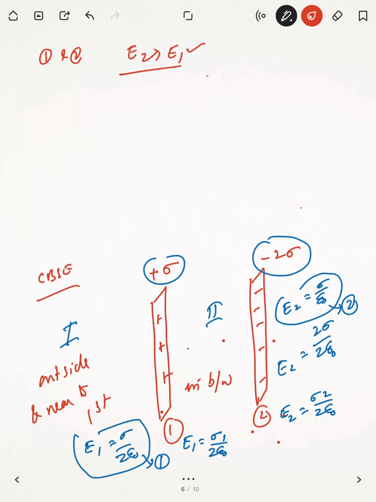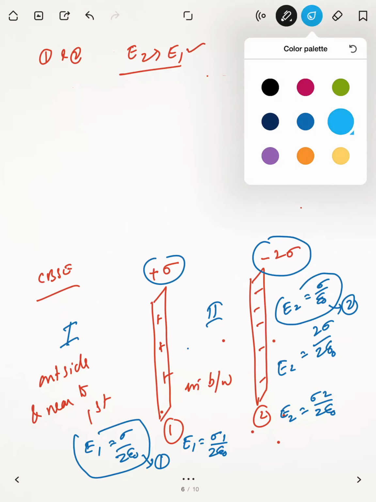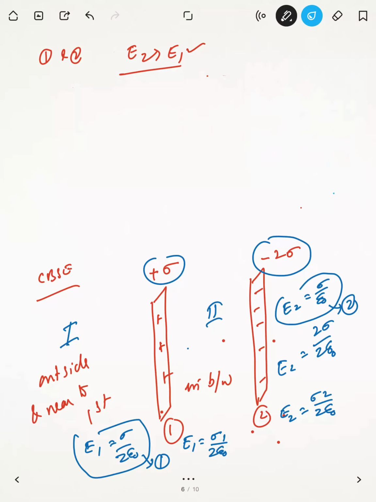E2 value is greater. Now on the extreme left and in between we want to find out the electric fields. For that you have to mark the directions of the electric field. First sheet is positive, so the field is perpendicular, directed away.